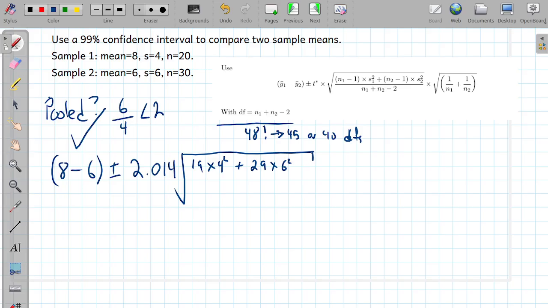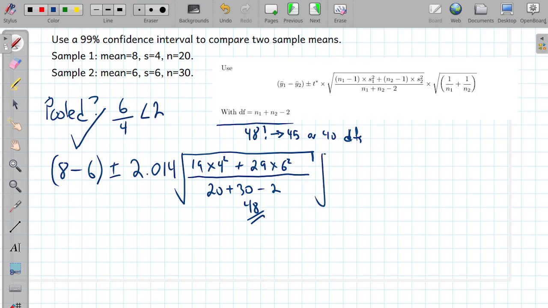And remember, when I do square roots, I put a little hook at the end, just to say the square root ends here. So this is going to be 20 plus 30 minus 2, 48 degrees of freedom.